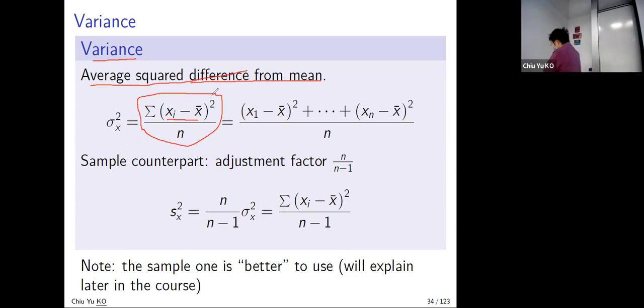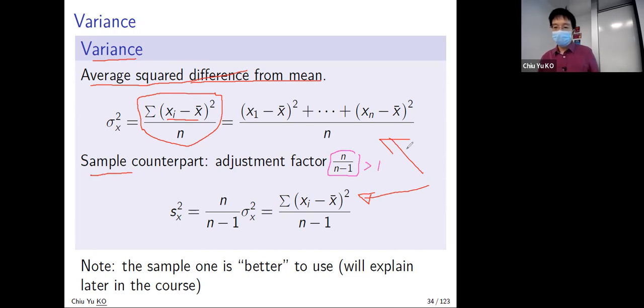And you will see why we have 2 different formulas here. You have this formula here and another formula here. You will ask why we have 2. The difference between the 2 is that what we call the sample counterpart, or sample version, has an adjustment factor like n over n minus 1, which is bigger than 1.